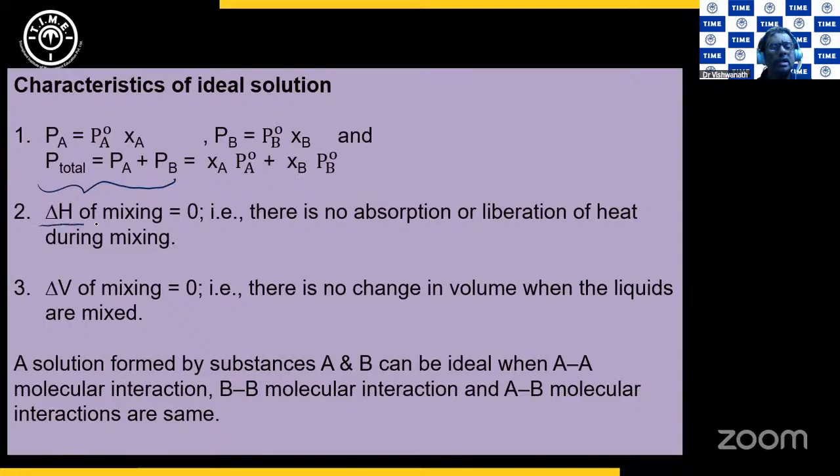Delta H mixing is 0. Delta V mixing is 0, meaning there is no change in volume, and there is no liberation or absorption of heat whenever mixing happens. And we said that this is all possible because there is a uniformity of force: AA, BB is similar to AB. Clear?